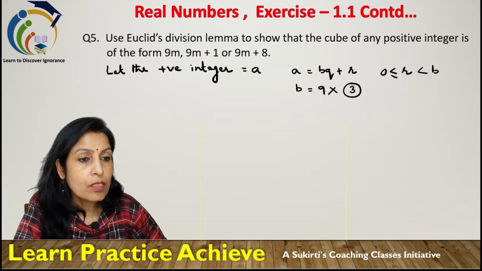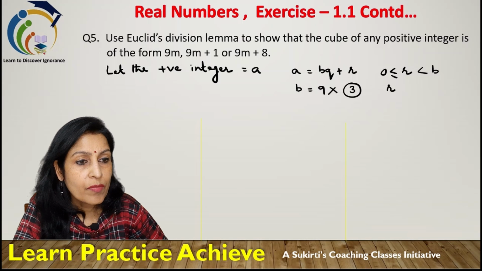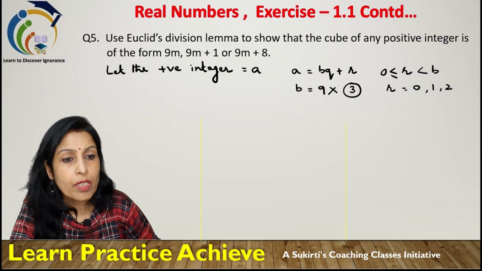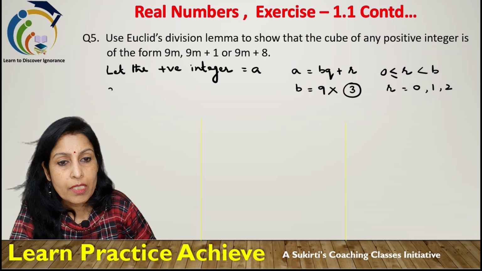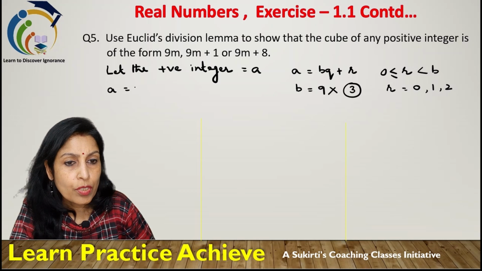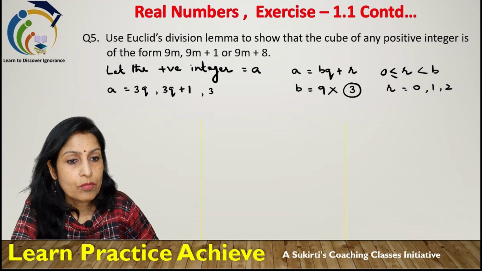So if b is equal to 3, then what is r? r is equal to either 0, 1 or 2, just like your previous question. Now if r is equal to 0, 1 and 2, what is a? a is equal to either 3q or 3q plus 1 or 3q plus 2.